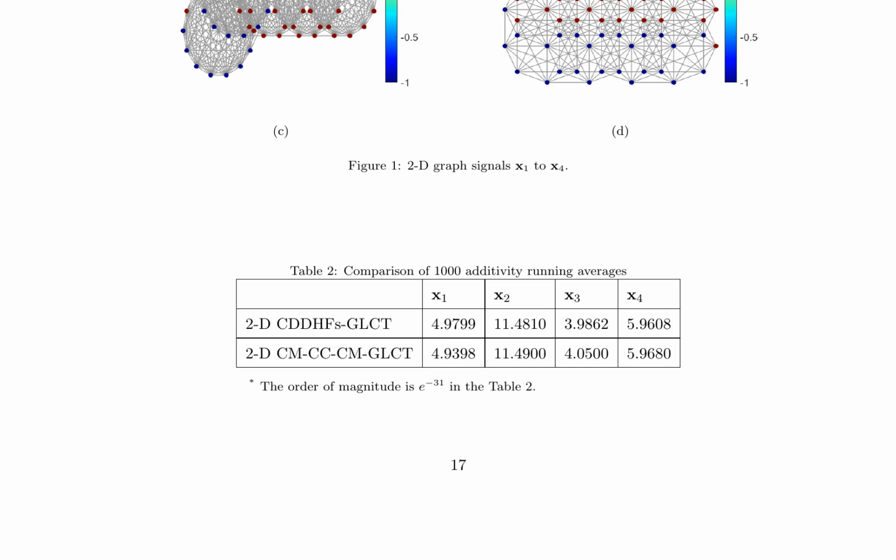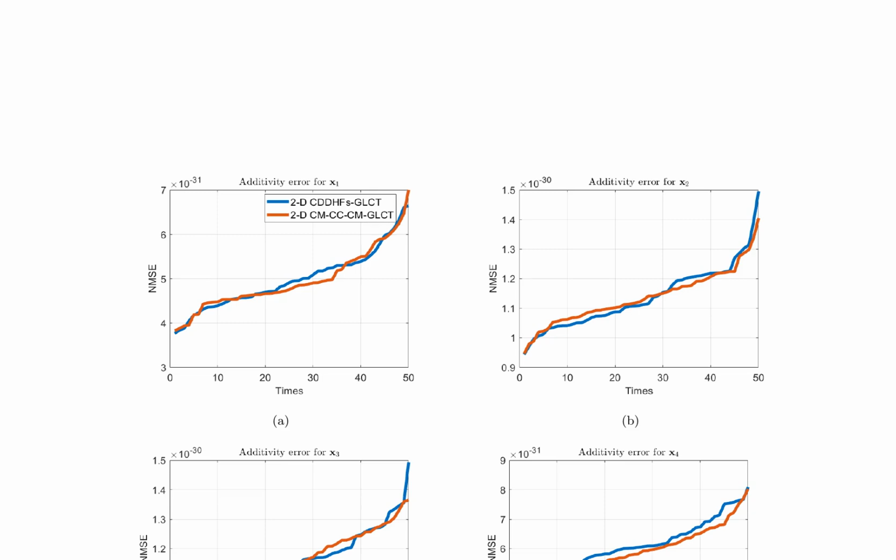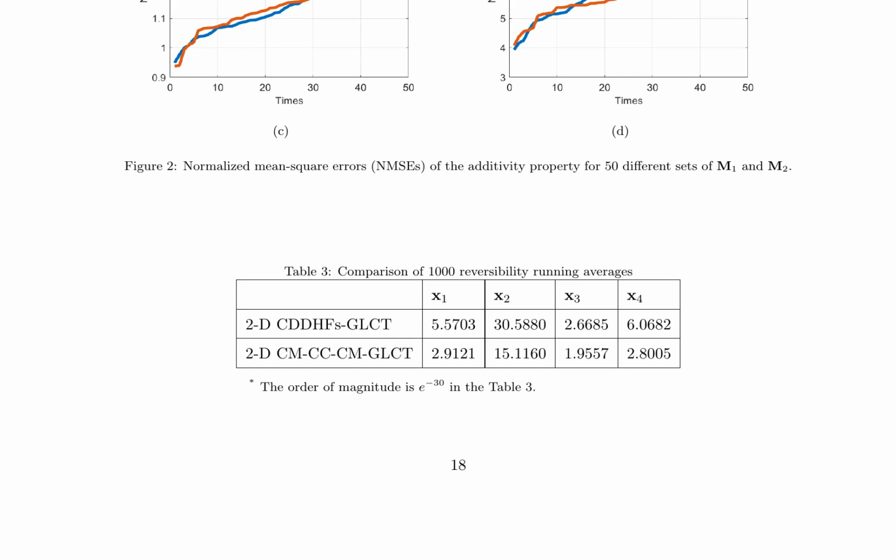Figure 2 illustrates the normalized mean square errors, NMSEs, for the additivity property over 50 different sets of matrices M1 and M2. This figure highlights the robustness of the proposed methods under varying conditions. Table 3 provides a comparison of the reversibility running averages for the same signals. Here, the 2D CM-CC-CM-GLCT method significantly outperforms the 2D CDDHFs-GLCT method, demonstrating better reversibility properties.